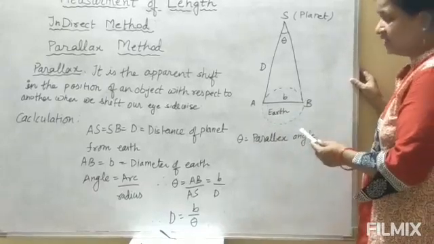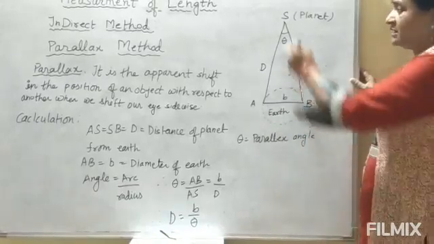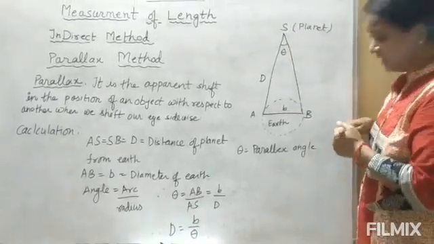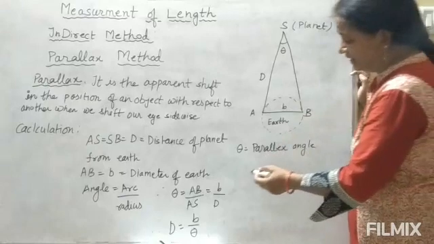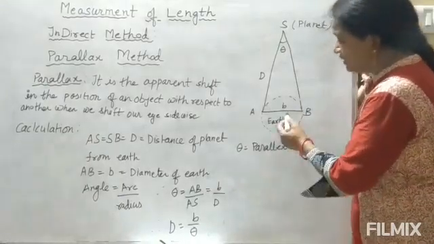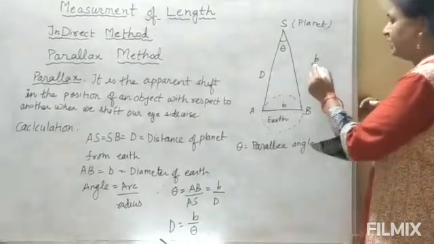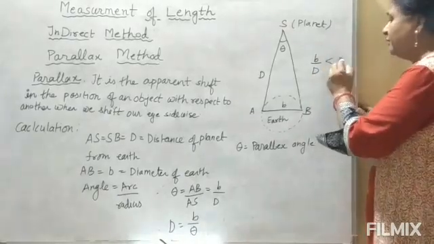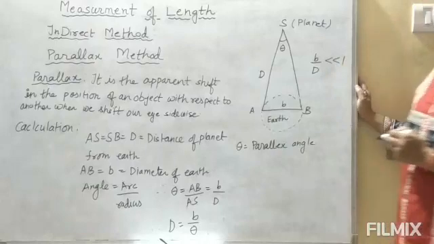And here my dear student, because the planet is very far from our earth, if we take the ratio of B upon D, it will be very less than 1.